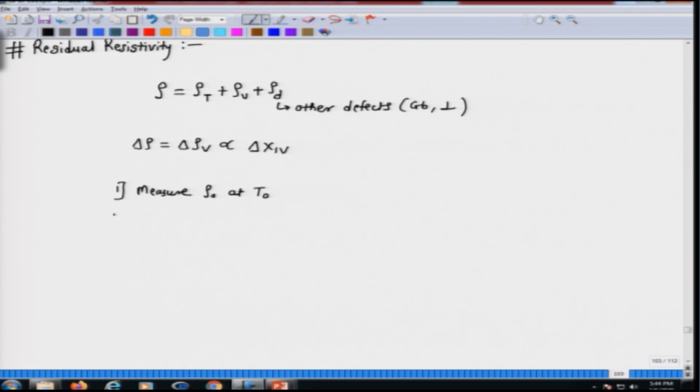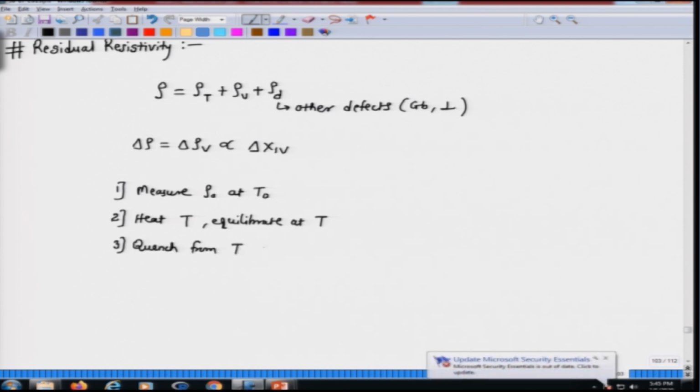Then heat the metal piece to a higher temperature T, equilibrate at T, so that the equilibrium vacancy concentration at temperature T is achieved, and then quench from T to T0.